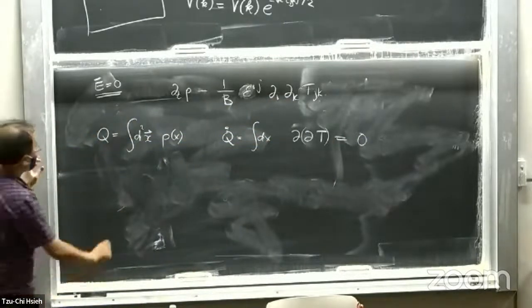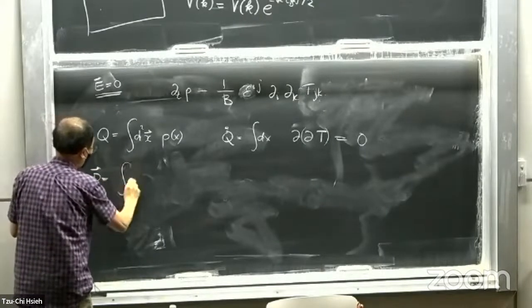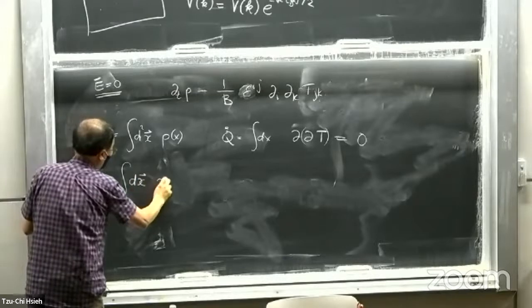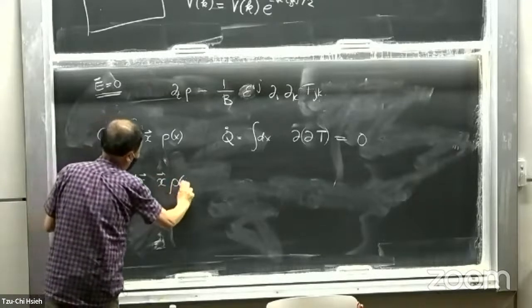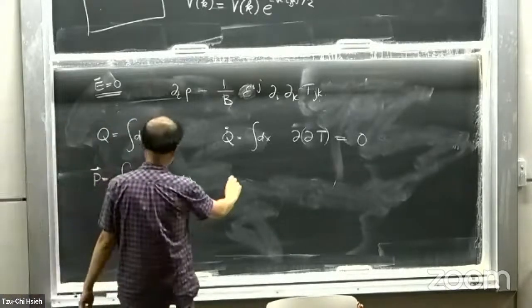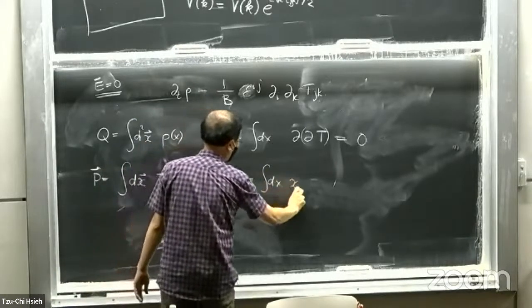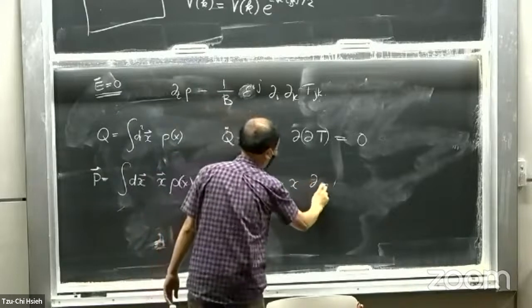But that's important because if I define the following quantity that has the name, the dipole moment, p, the integral of x times rho, this is also conserved because its derivative is 1x, and then we have two derivatives of t.